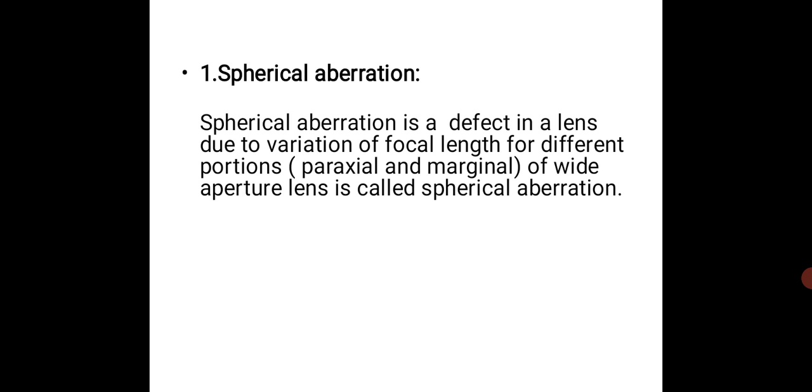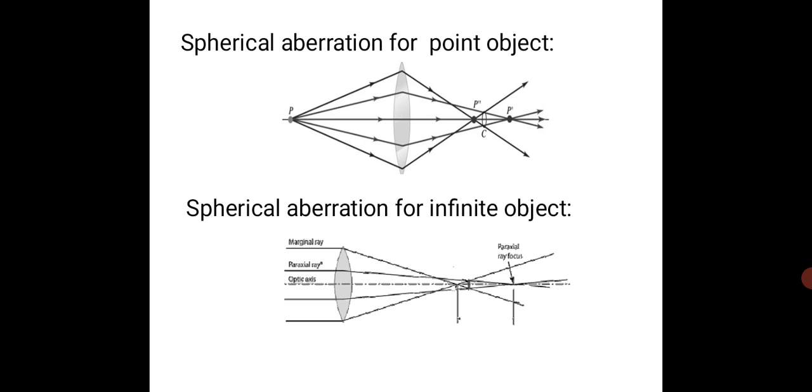Now we will see what is spherical aberration. Spherical aberration is a defect in a lens due to variation of focal length for different portions, that is paraxial or marginal, of a wide aperture lens. Here a pictorial representation of spherical aberration is considered.